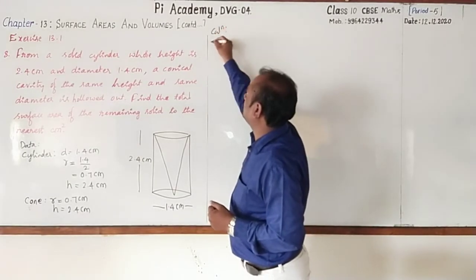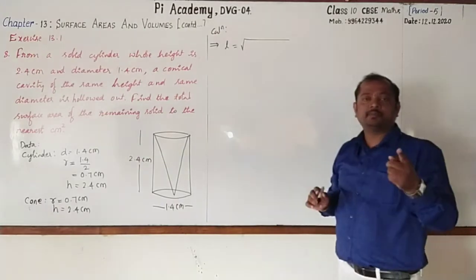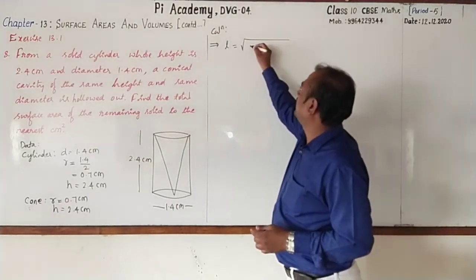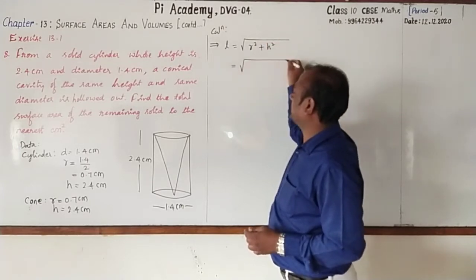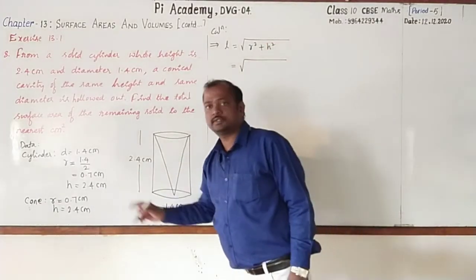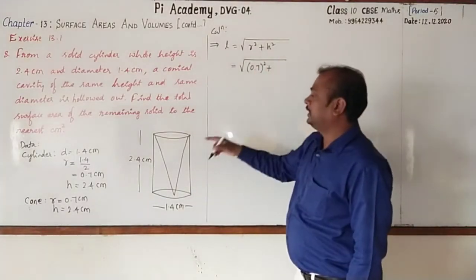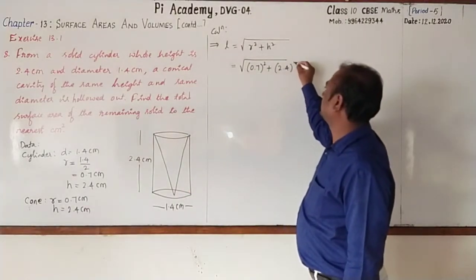As I said, first let us find out the slant height. What is the slant height formula? Very good. It is L equal to square root of r square plus h square. It's equal to square root of where r is 0.7 whole square, h is 2.4 whole square.